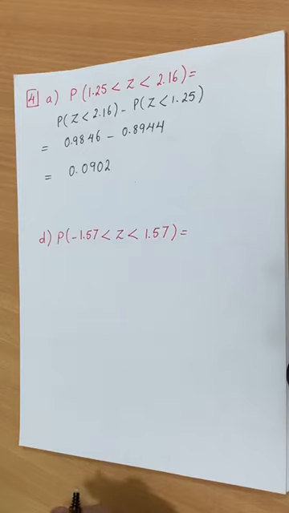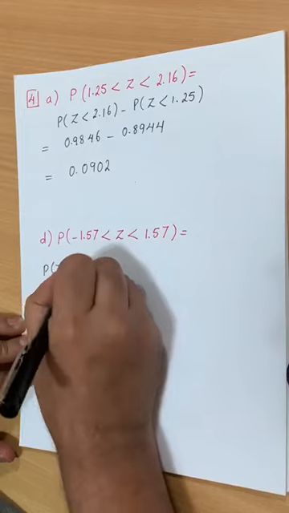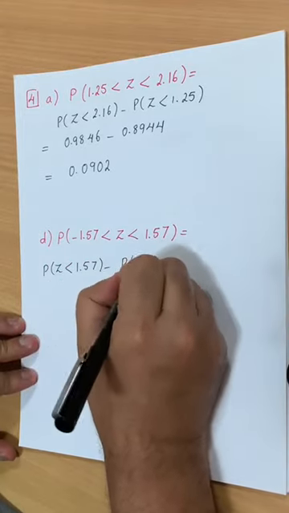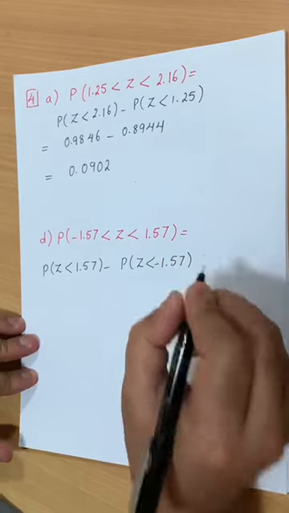D, same thing. By the way, these two values are the same, but one of them is positive and the other one is negative. So we can double the area at the left of 1.57 minus 1. I'm going to show you that. It's probability of z less than 1.57 minus probability of z less than negative 1.57.